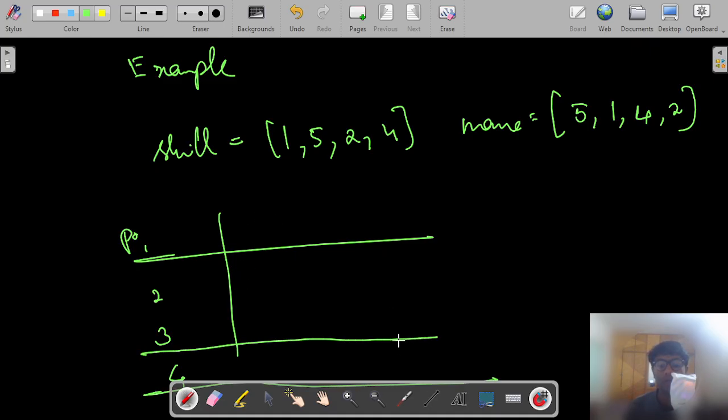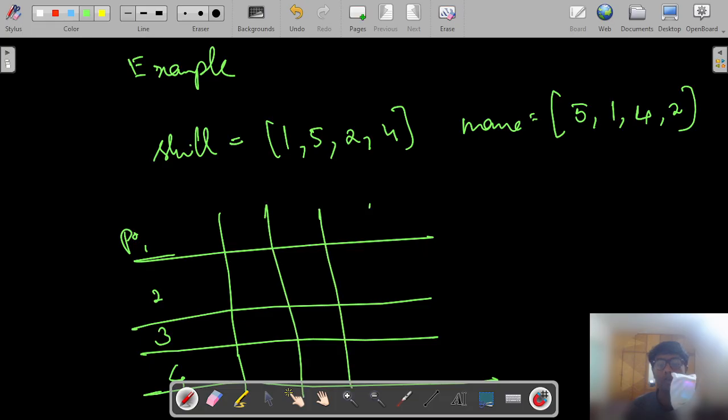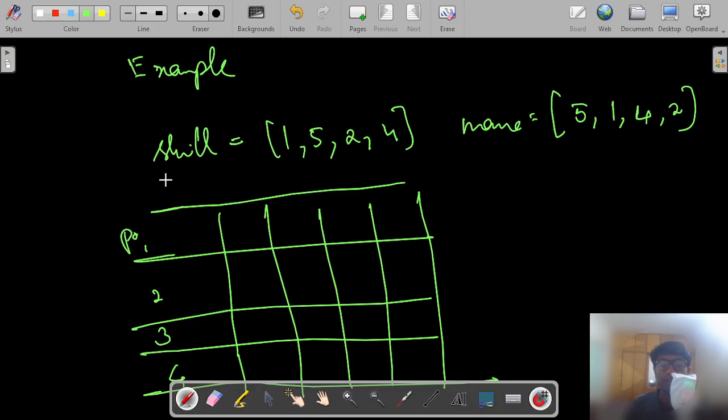and they pass through a set of skilled workers, right? So let's say here there are skilled workers. At 0 we have skilled worker 1 with value 1, and then 5, 2, and 4, right?